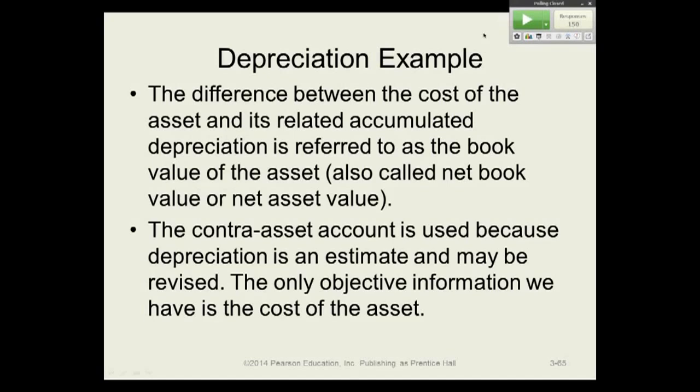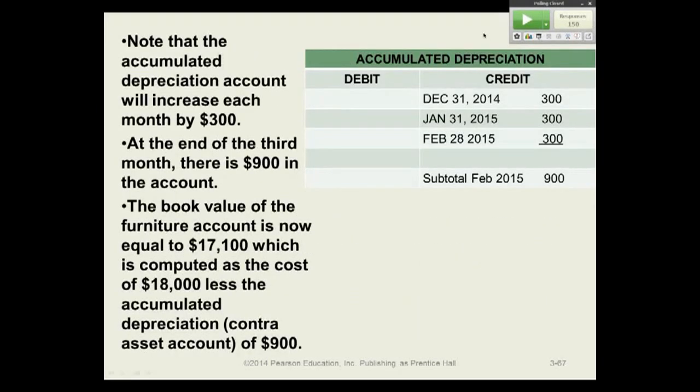All right. Now, let's see how accumulated depreciation works, because there's a big difference between accumulated depreciation and the depreciation expense. If you go to this slide, what you really need to understand at this point is the way in which accumulated depreciation works. It is a balance sheet account.